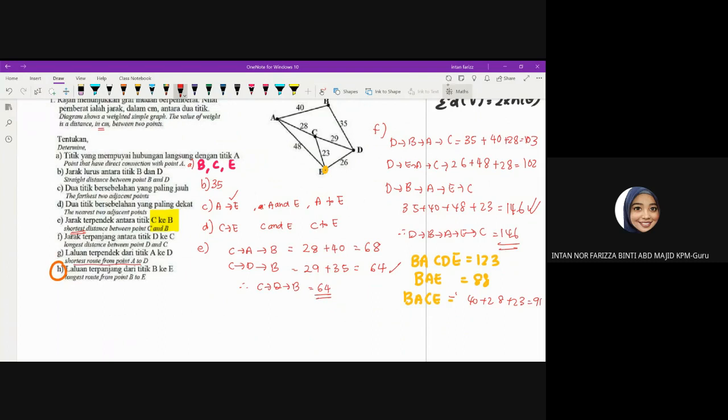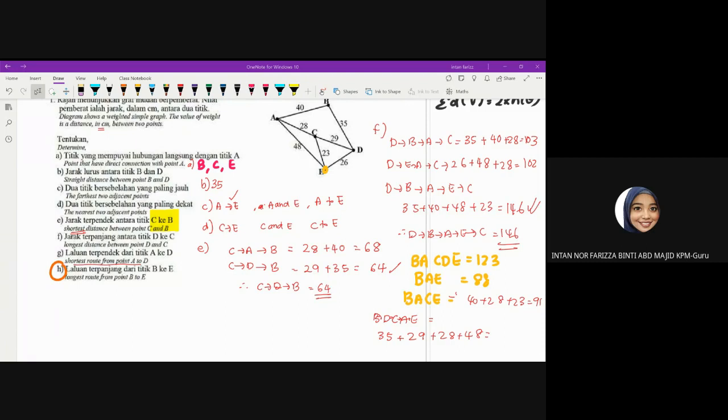Okay, can you tell me what is BDCAE? Arrow in between. Hurry up girls. BD is 35. Next is 29, 28 and 48. Total of? Anyone who got the answer, can you please comment in the chat box?